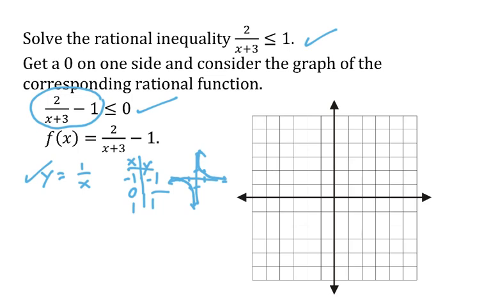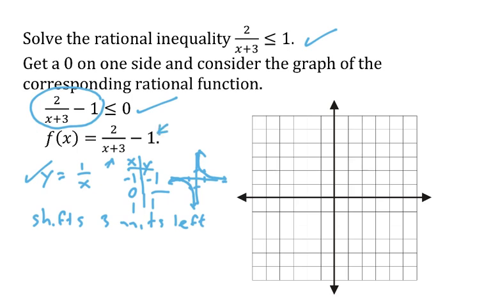The extra little expressions that are added into the function just adjust that graph or transform that graph in some simple ways. The x plus 3 in the denominator shifts the graph 3 units left.